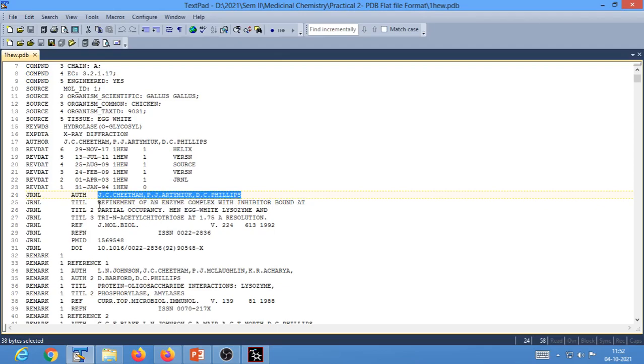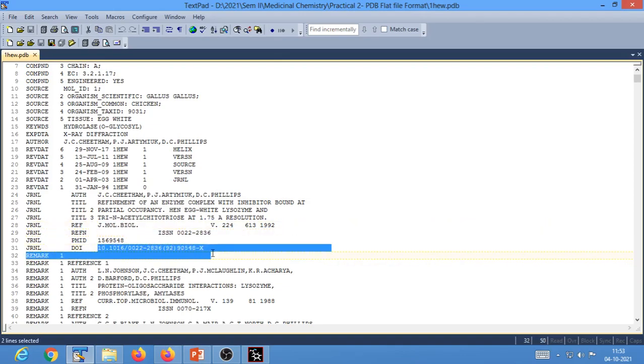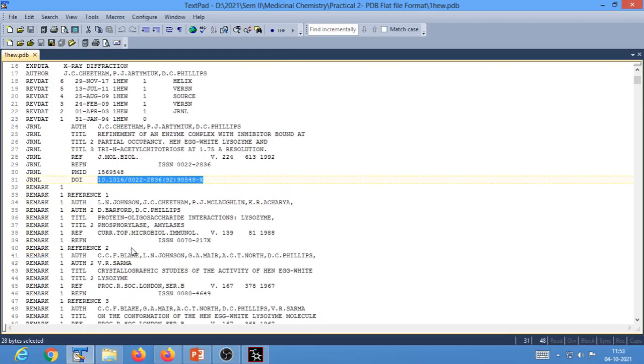What is the title of that paper, in what journal it was published, what is the volume information, what is the page information. You can have other journal information, like the ISSN number of the journal in which the model was published, and the digital object identifier of that paper. Such citation details are provided in this JRNL line.